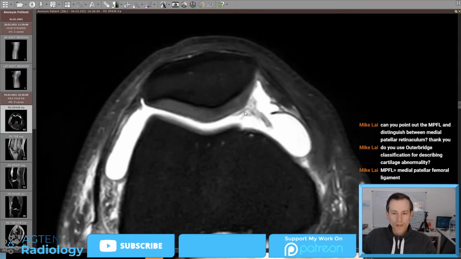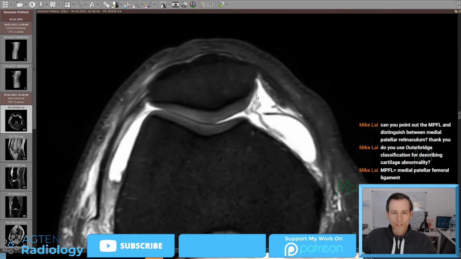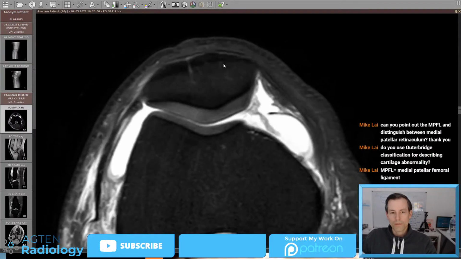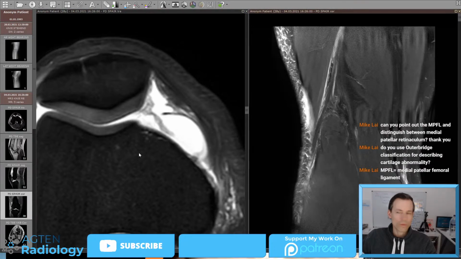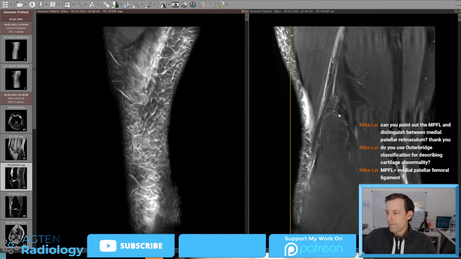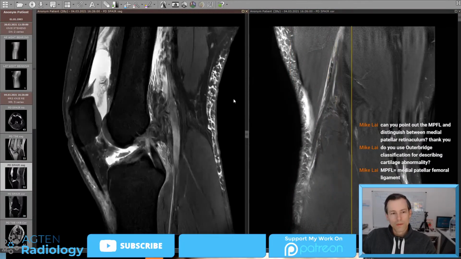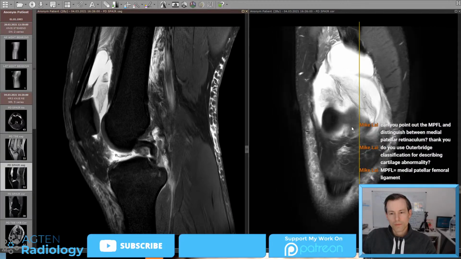As for the MPFL, basically what it does, it's connecting the patella with the femur, and it runs down in a broad explanation just like that. So we can have a look at this, for example, on a sagittal or even a coronal. Let me just pull this in. So MPFL.